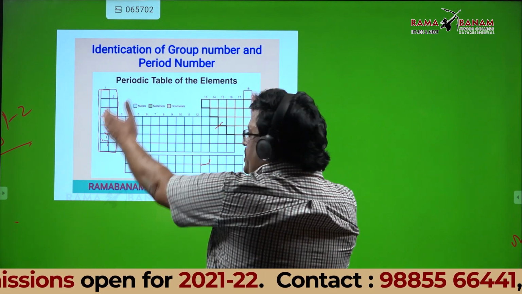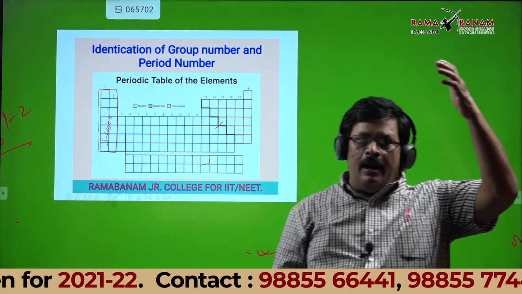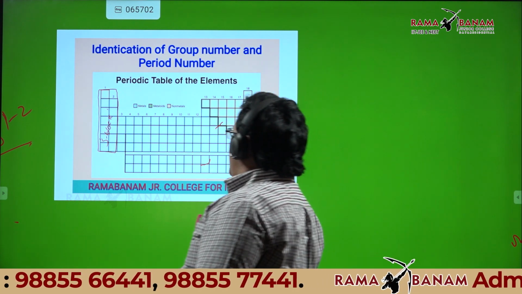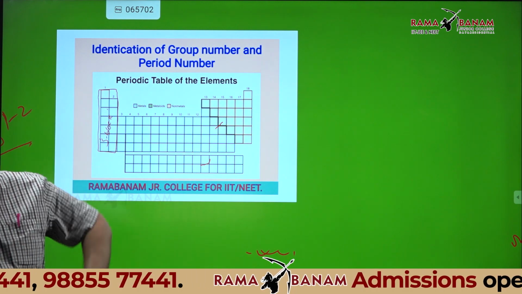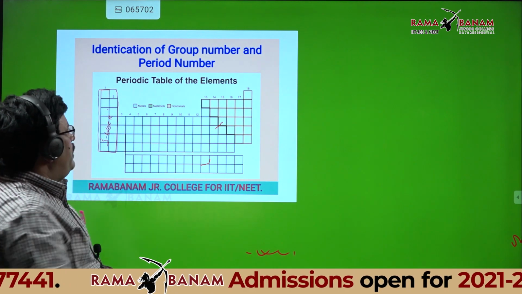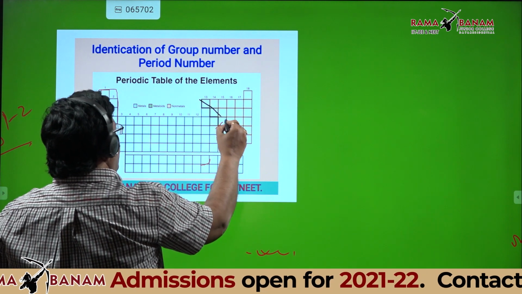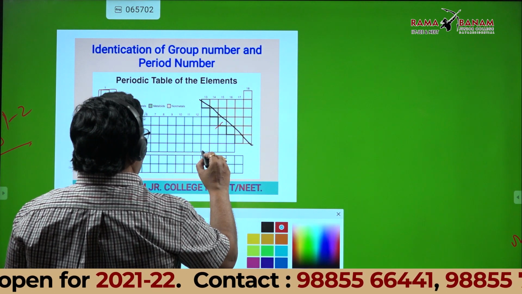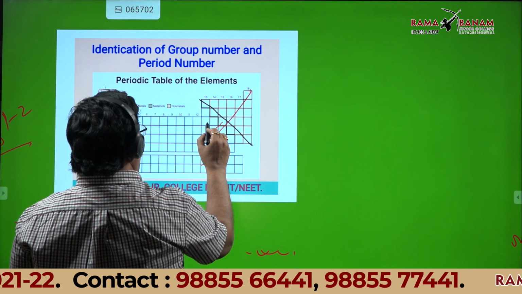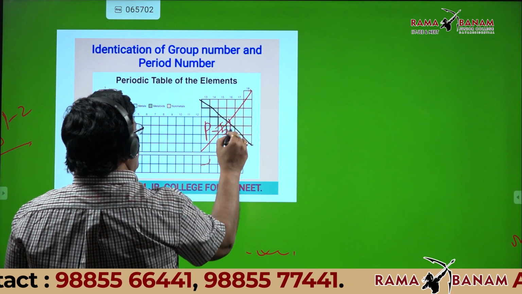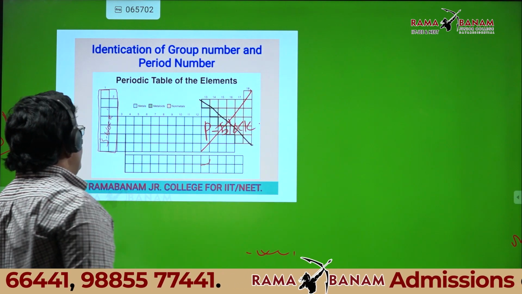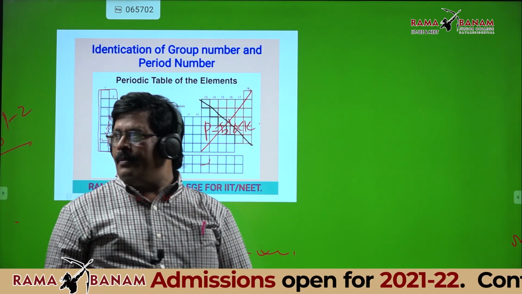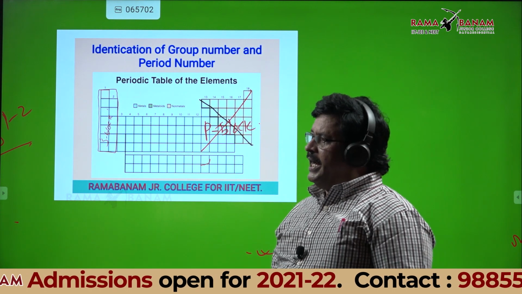Groups 3 to 12 is not P block. 13 to 18, that's right. These 13 to 18 groups are P block. This entire part is P block. Okay? Students, can I continue?